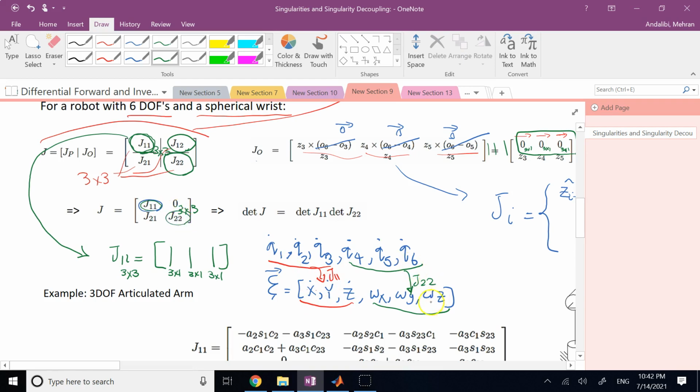J22 talks about angular position and angular velocity. So when I set the determinant of the whole J equal to 0, it means either this one is 0 or this one is 0. When this one is 0, it means those singularities that are for the position of the end effector. This means those that are for what? The orientation of the end effector.